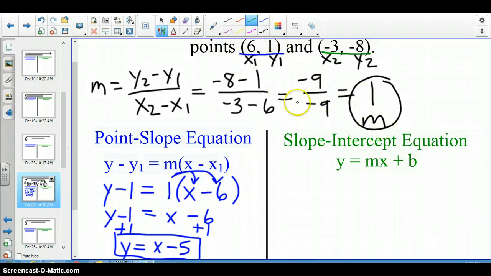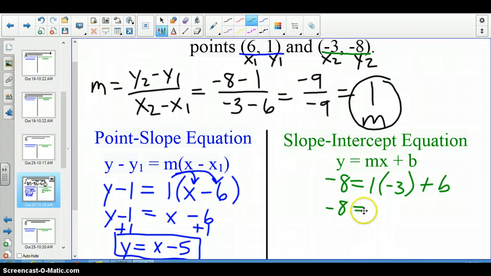Now, just to show you how both points will work, so I could have used x2 and y2 there. I'm going to use x2 and y2 over here. So my y is negative 8 equals my slope of 1 times x, which is negative 3, plus b. So remember, when we use the slope-intercept form, we are finding our y-intercept, our b, first.